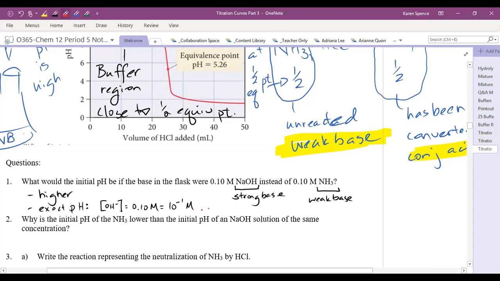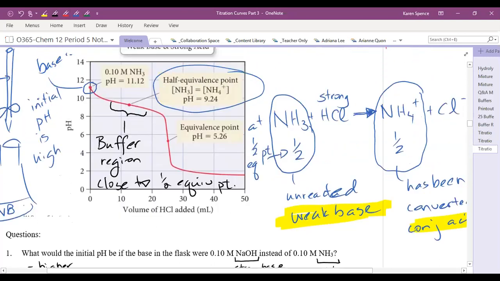Therefore, our pOH is going to be 1, and therefore our pH is going to be 13. Yeah, excellent.